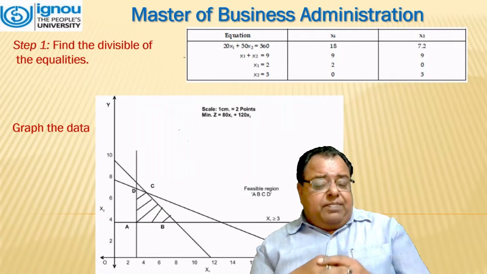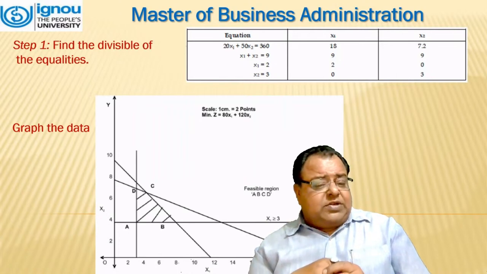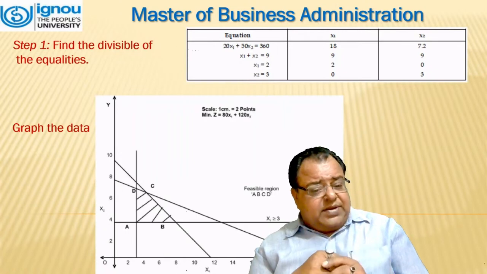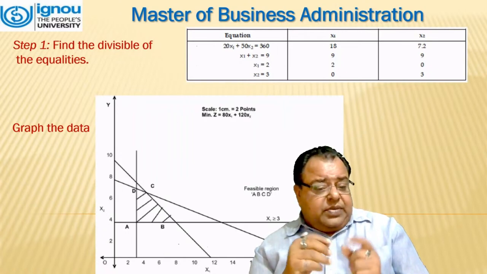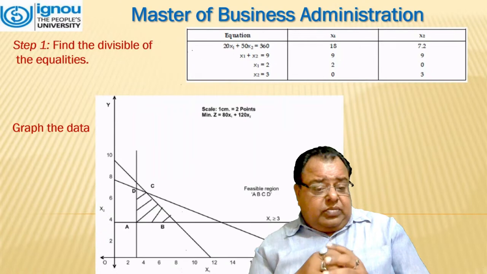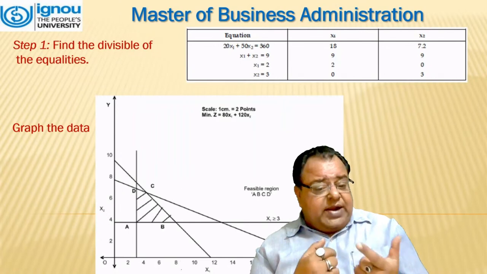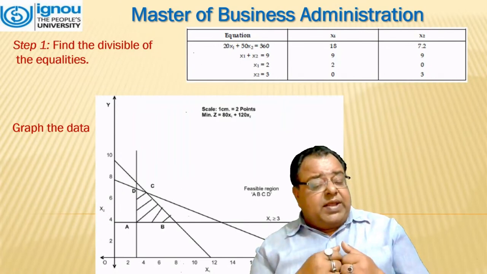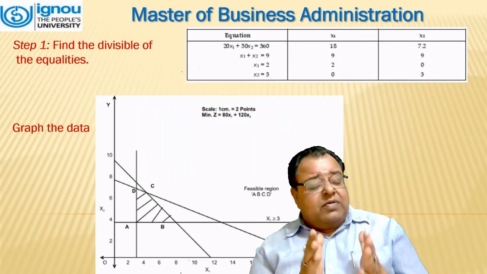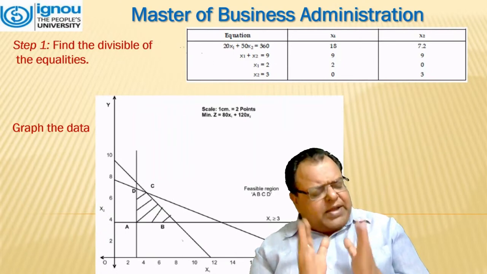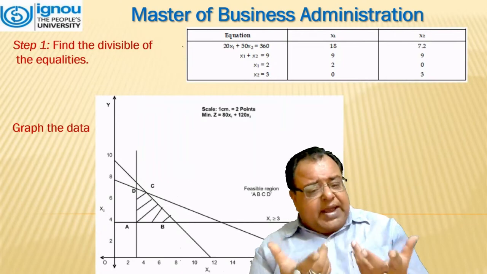Now, plotting these equations on the graph, we can find the common region, which is the feasible region A, B, C and D. We will be finding their coordinates by simply solving the equations simultaneously. How to solve two linear equations simultaneously? The best method is the elimination method.